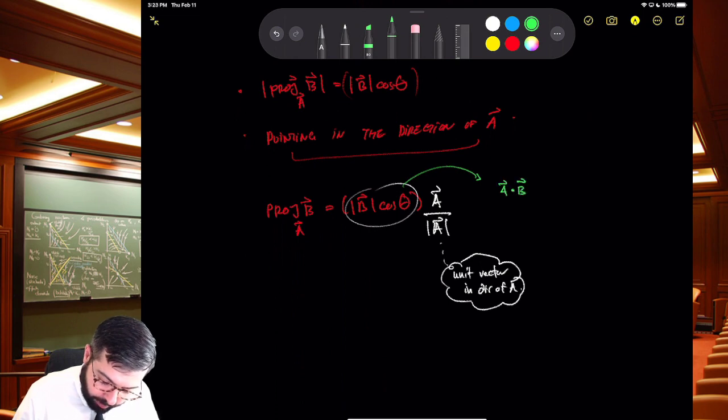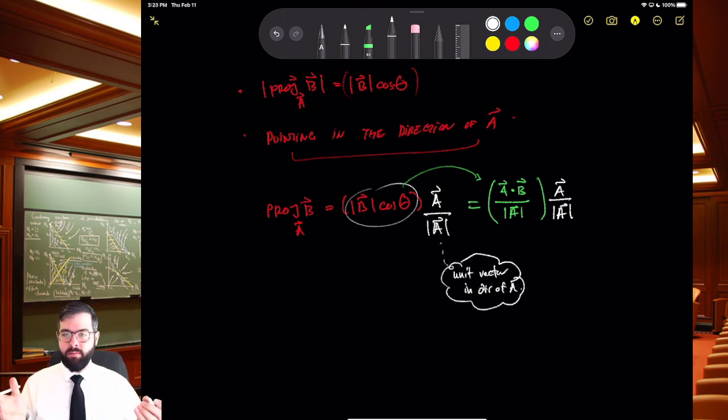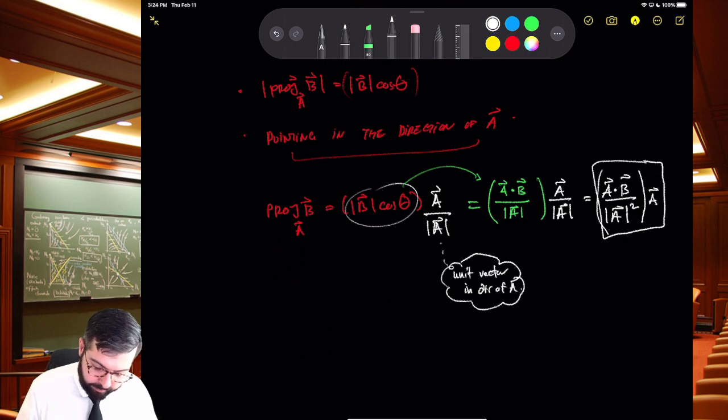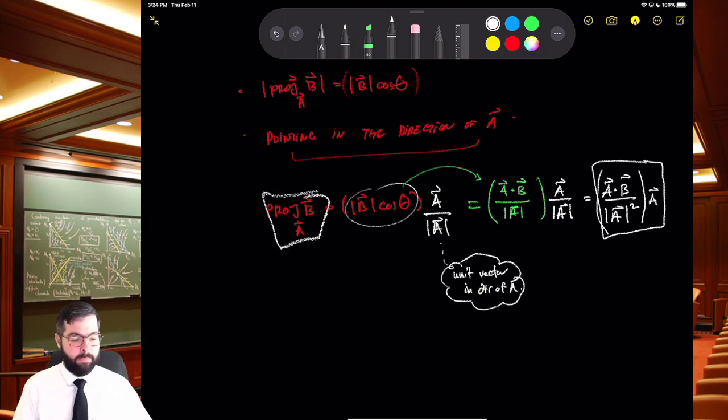This is really the dot product divided by the magnitude of A, all times A over the magnitude of A. Get rid of the theta. And then just rewrite this: I've got the dot product over the magnitude squared, all times A.